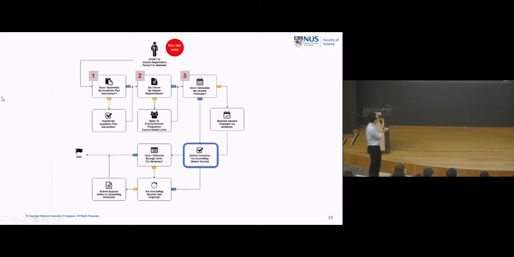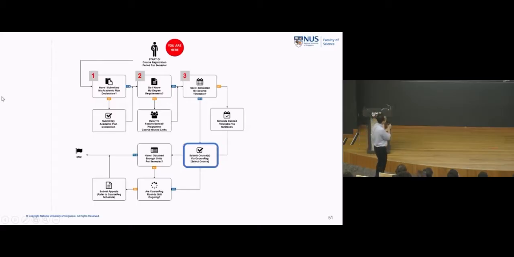So you need to know the degree requirements. Not only that, for the courses that you want to take, do they have any clashes in timetables? If these 2 courses that I hope to take this semester have a clash in their class timetable or exam timetable, then more often than not, you will not be able to take them in that semester concurrently because they clash. So do a simulation of the timetables using NUSMods for the courses that you wish to take and see if there are any clashes.